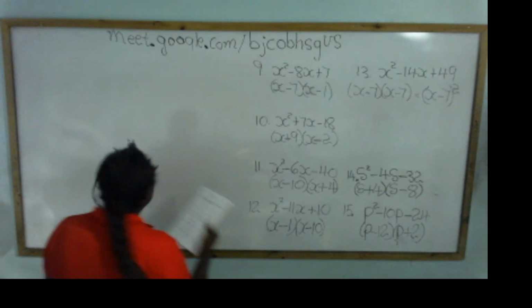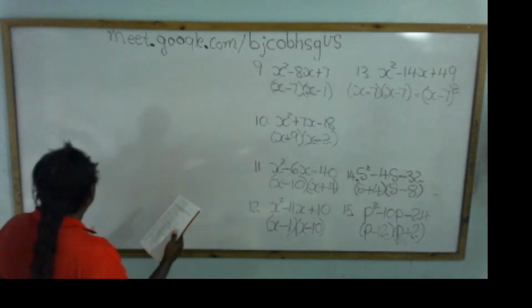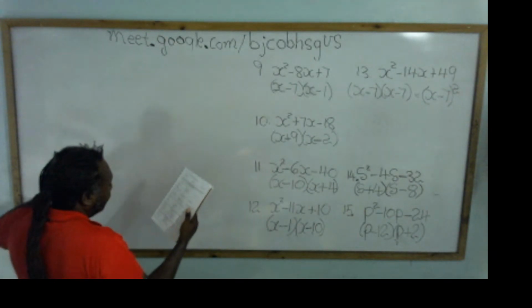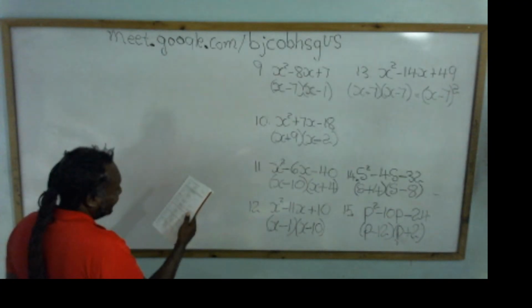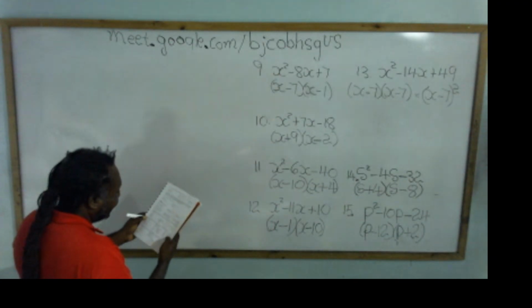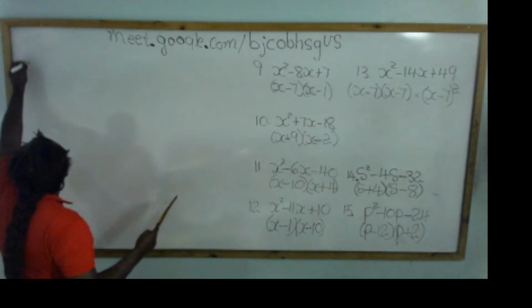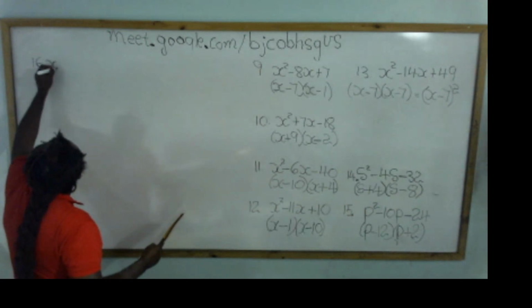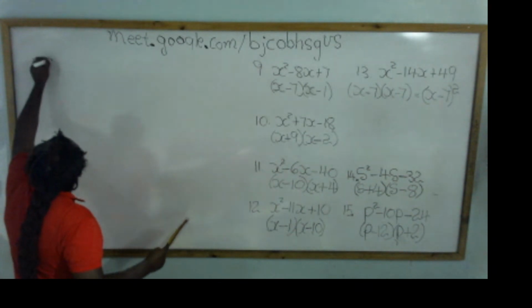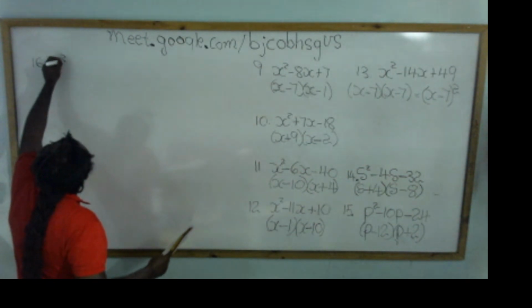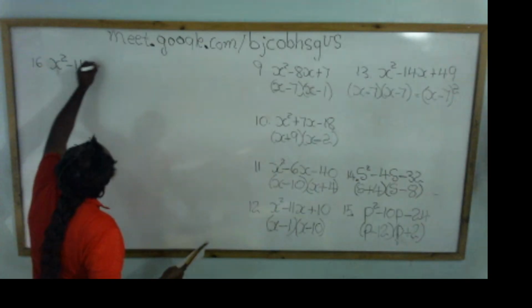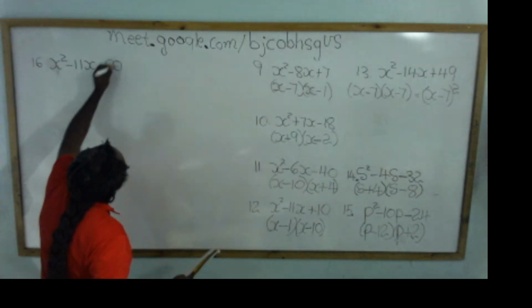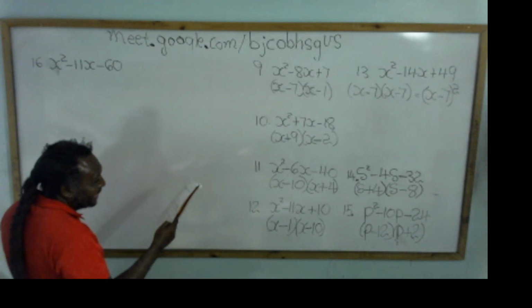So number 16, x squared minus 11x minus 60. If it is not minus, I can change it to plus. Yes, it's minus 60.